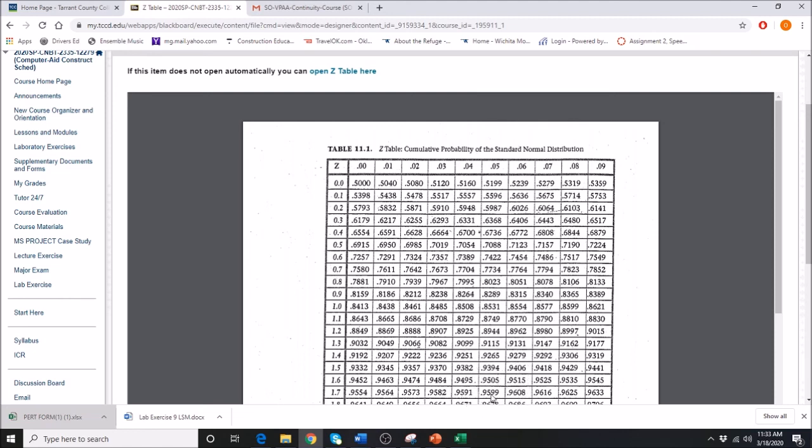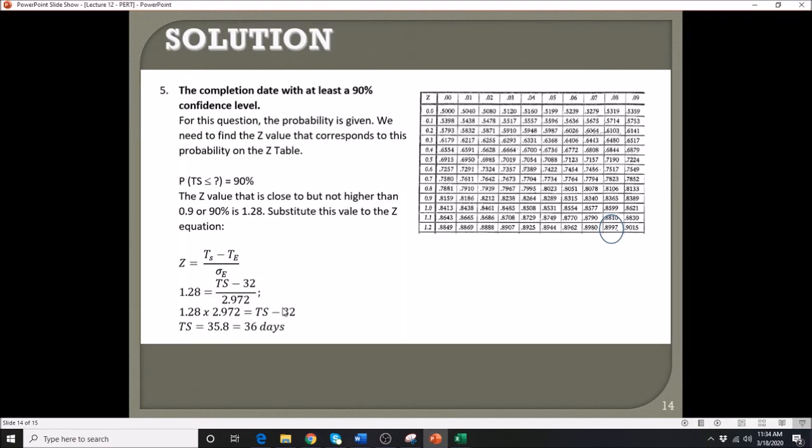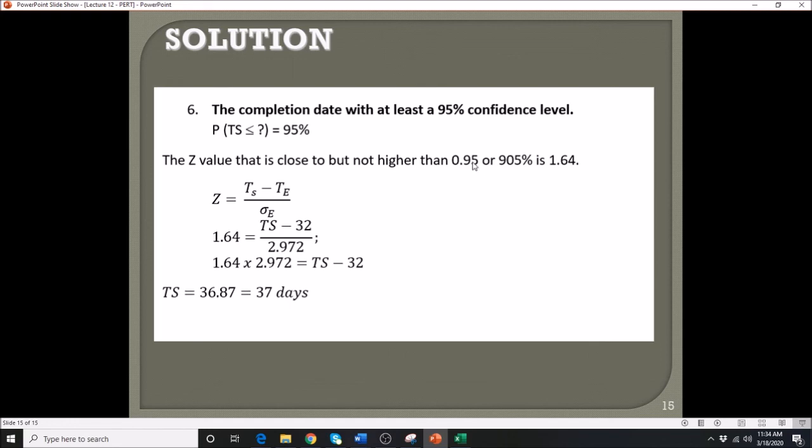We cannot use the next one because it's above 95% as well. So we use 0.9495, and that is located at 1.6 plus 0.04, and that's what we got here. That's why, again, the 95% is 1.64.